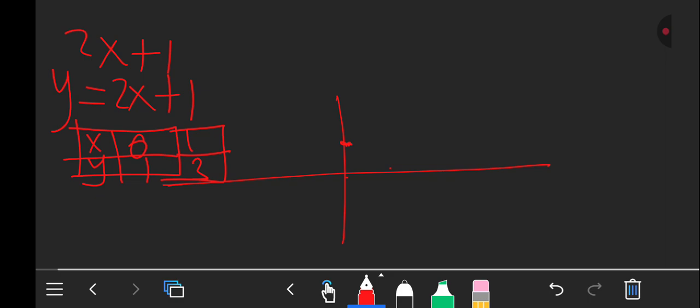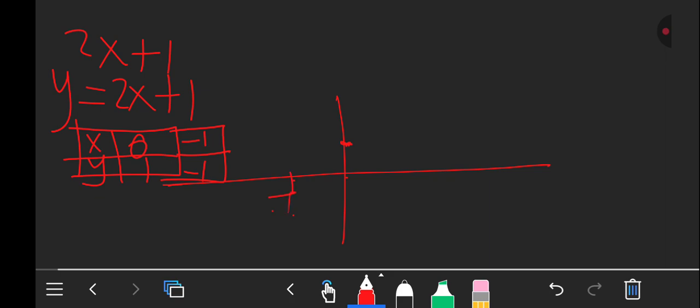This time around, let me use something negative so that I get to know where the line is passing. What if x is equal to negative 1? The value of y will be negative 1 also, right? So negative 1, negative 1, somewhere there.